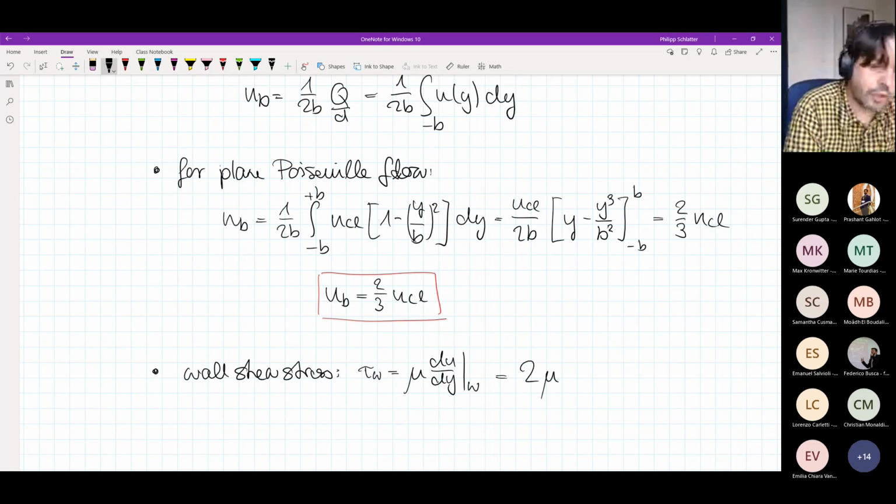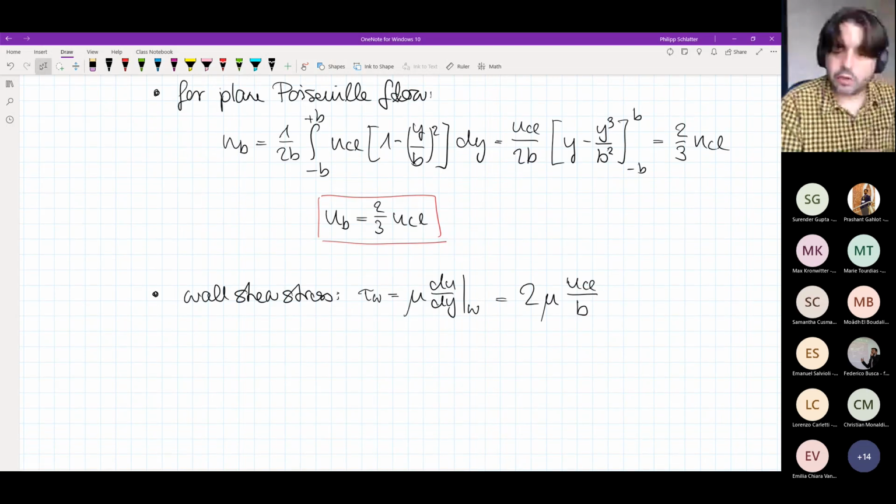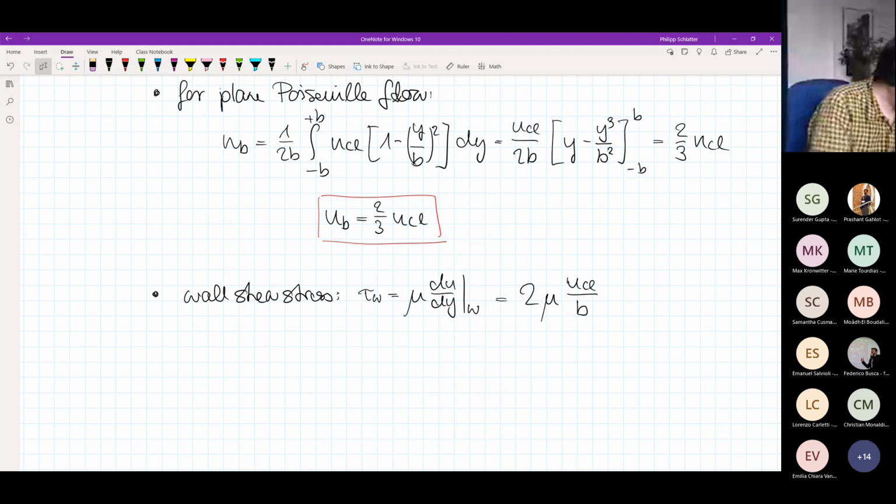And now it becomes 2 mu times UCL divided by B. This is the result for the wall shear stress. I mean, you can do all these calculations at home afterwards if you want. So we don't need to do all these derivations here now. But this is the wall shear stress. I can do the skin friction coefficient.